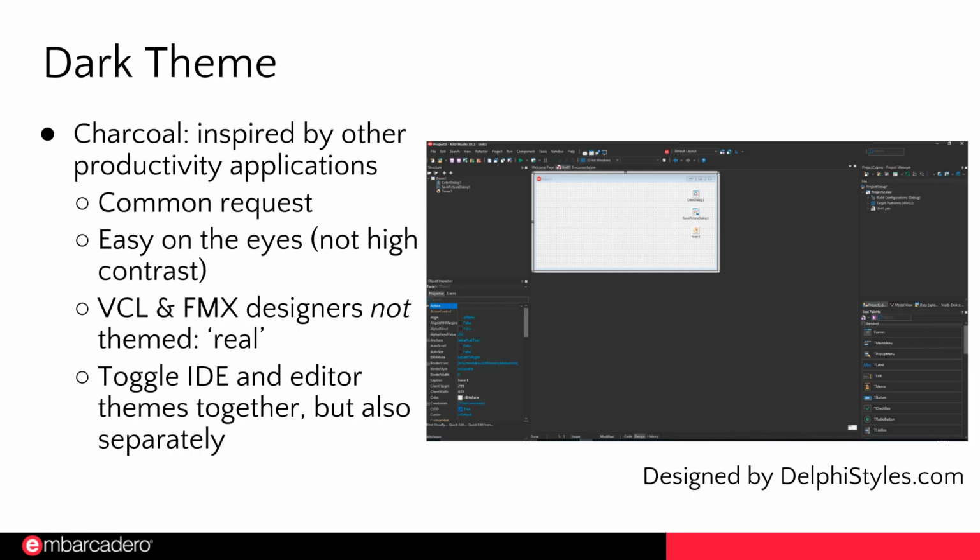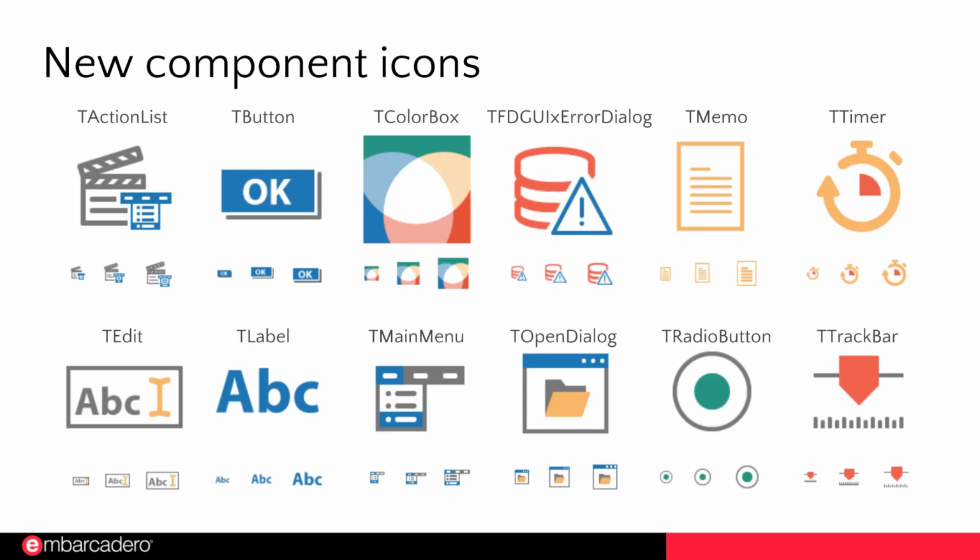The reason for that is that if you have an editor color scheme with white as a background color, for example, then when you toggle to the dark IDE theme, you most likely want the editor itself to also toggle to a color scheme with a dark background. But of course, you can still change both of these completely individually if you wish. I want to give a shout out here as well to DelphiStyles.com, who designed the theme for us. I think they've done an excellent job.